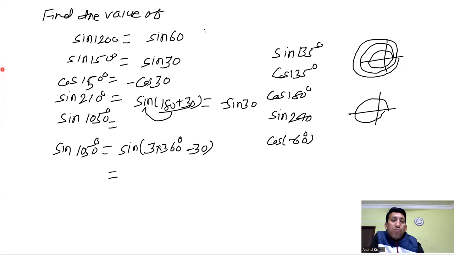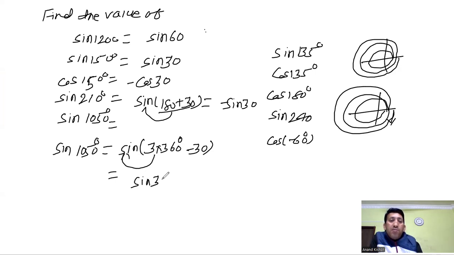And 3 into 360 minus something is the fourth quadrant. In the fourth quadrant sine is negative. So this is sine 30, but with a negative sign. Minus sine 30 means minus 1 by 2. Very motivating. Now see, first I will erase this.